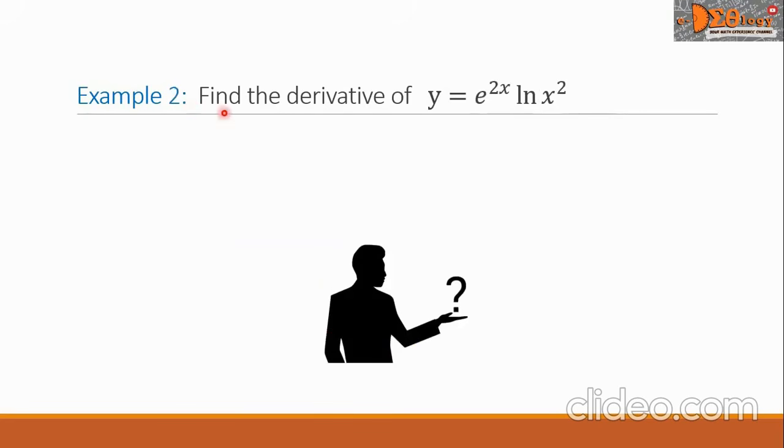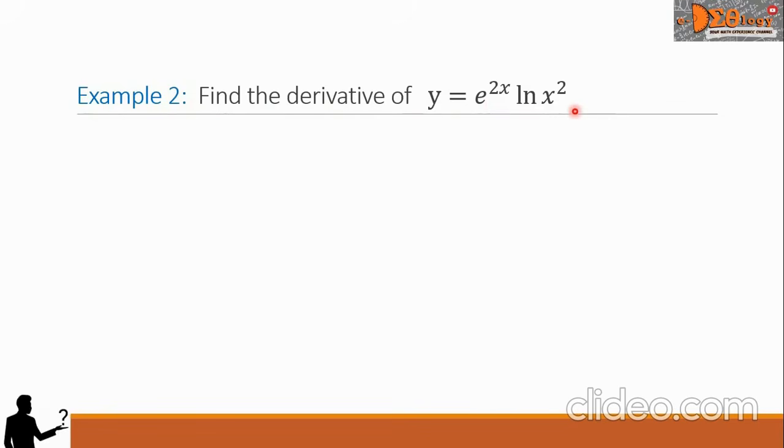Example 2. Find the derivative of y equals e raised to 2x times ln of x squared. For our solution, we take note that we have a product here of two functions. The first function is this e raised to 2x. The second function is ln of x squared.